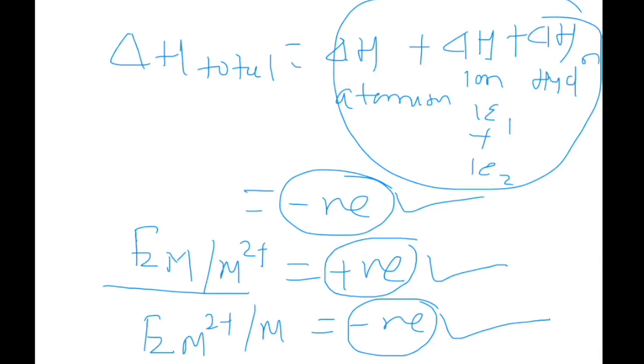So if we compare the standard reduction potential value, the metal 2 plus which possesses more negative reduction potential, the metal possesses more positive oxidation potential. The metal possesses more oxidation potential, and such metal can act as best reducing agent.